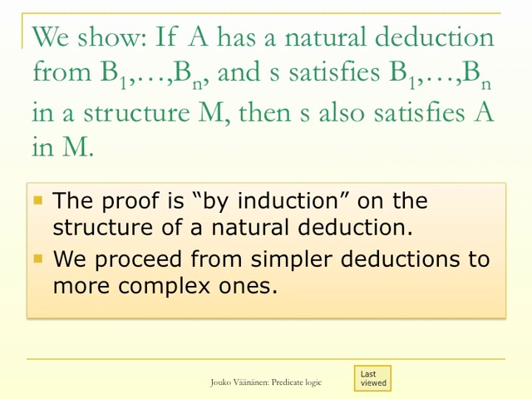All smaller deductions satisfy the claim that any assignment S that satisfies the assumptions of the deduction also satisfies the conclusion. What does smaller deduction mean? We rely on the intuitive concept that a smaller deduction has fewer applications of the rules.